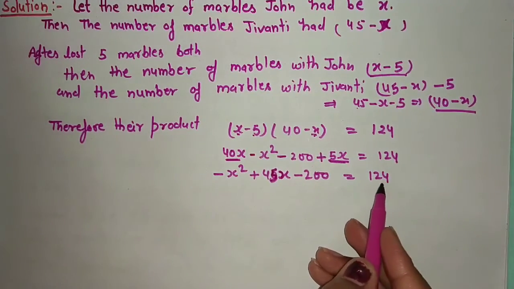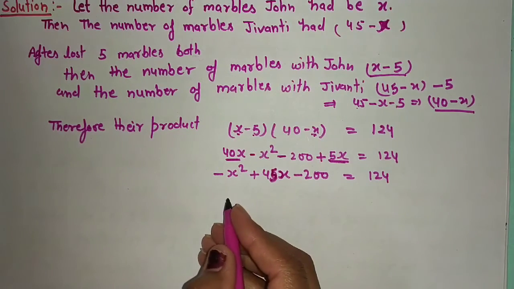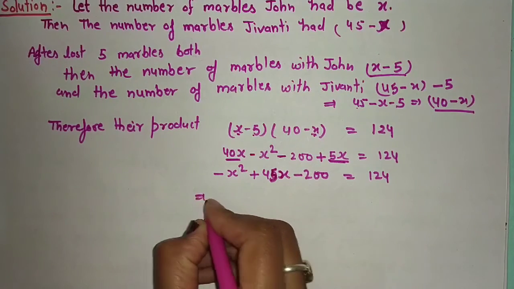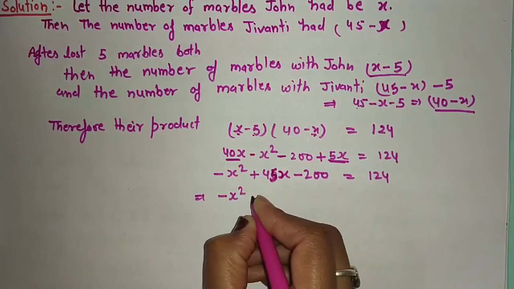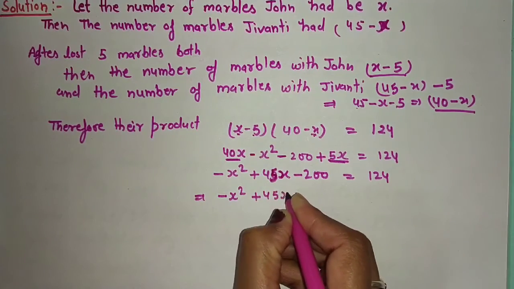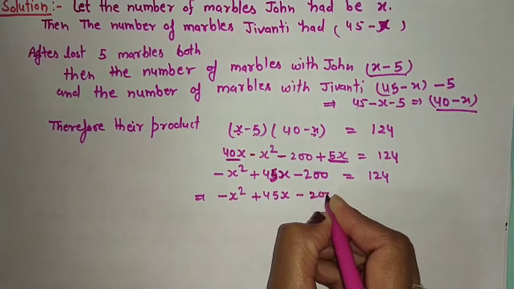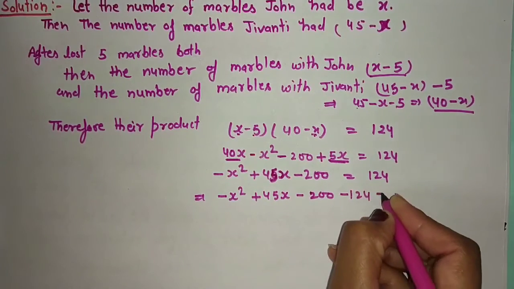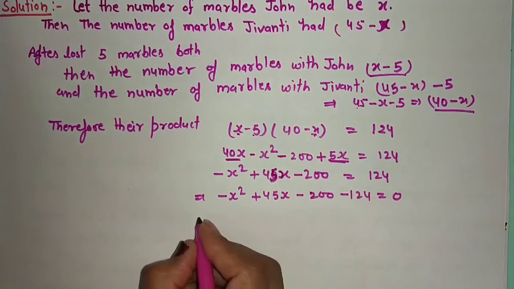After transferring 124 to the LHS, it becomes negative. Therefore, minus x square plus 45x minus 200 minus 124 equal to 0.